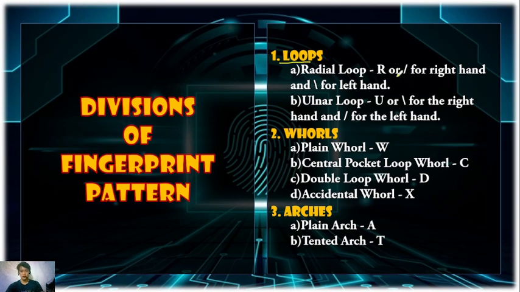For radial loop, it could be symbolized by R, or by a slash also, same as the ulnar loop, slash, but it could face different sides. Again, for us to classify if it is a radial loop or ulnar loop, we should know if that was taken from the left hand or the right hand.